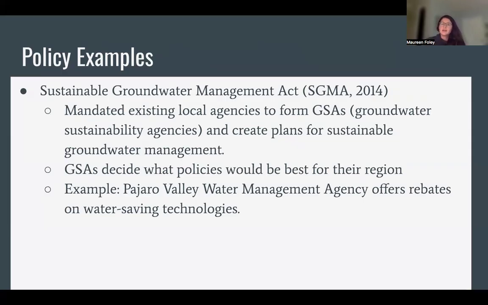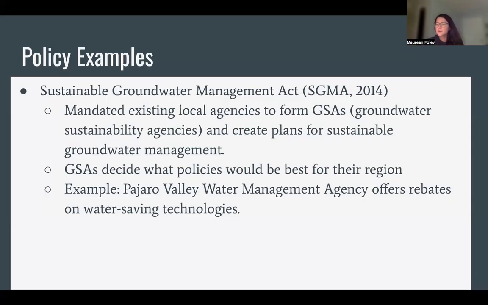Basically, this act mandated existing local agencies like water agencies to form what they called GSAs, or groundwater sustainability agencies. And they said that these agencies must create sustainable management plans for groundwater in their region. And they have to decide how that's best done.